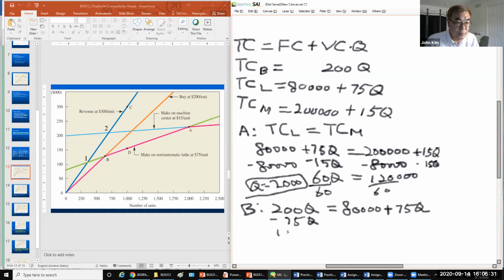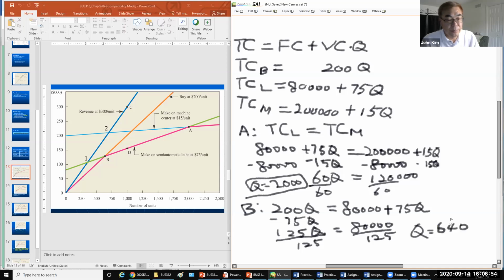So 125Q equals 80,000 and divided by 125. Then Q equals, I remember it was 640. Let me calculate again. You're correct. Okay. My memory is right. So next slide.